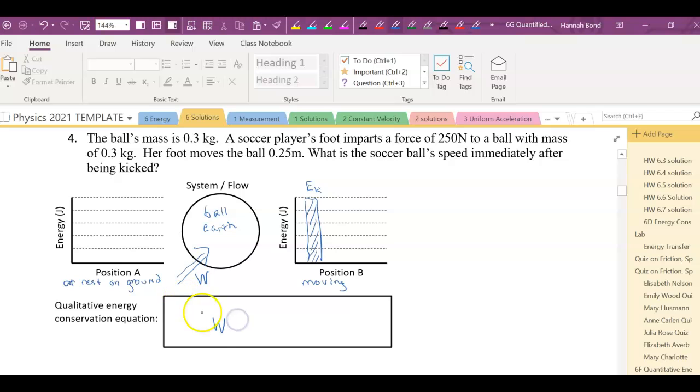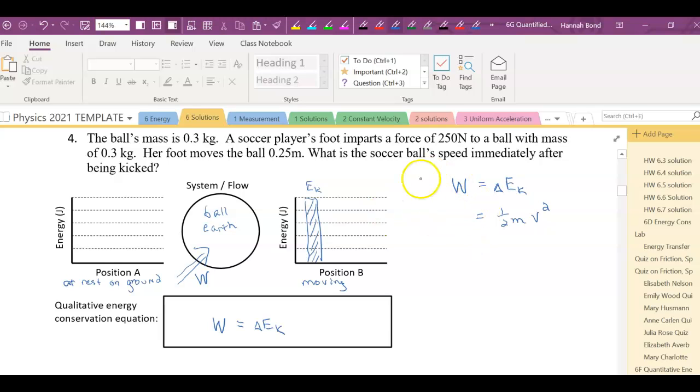So the conservation equation is the same as up above. The work that was done on the soccer ball equals the change in the ball's kinetic energy. But in this particular case, I don't have the information to calculate the energy, because even though I have the mass of the ball, I do not yet have the velocity of the ball. In fact, that's what I'm trying to solve for.